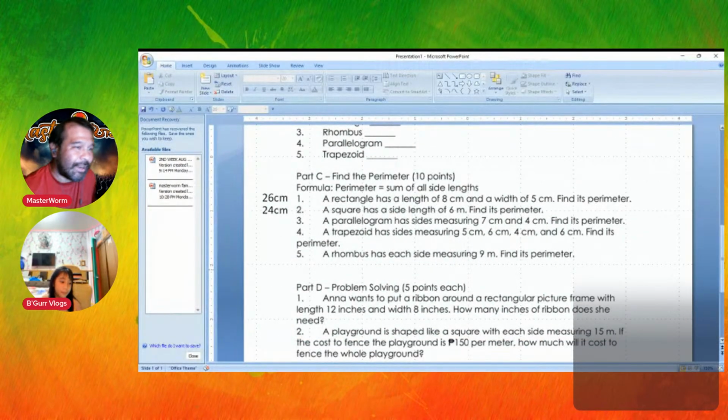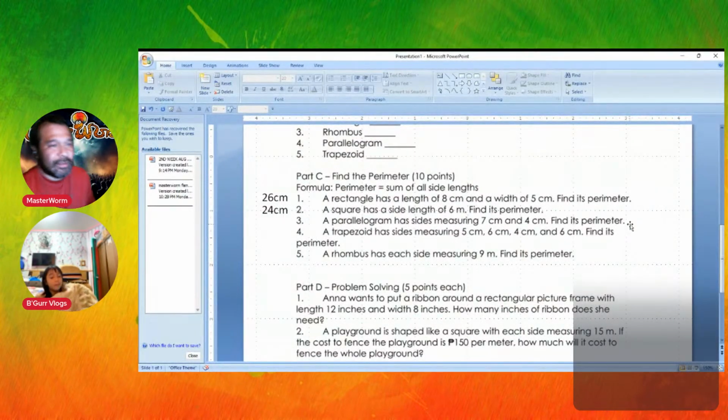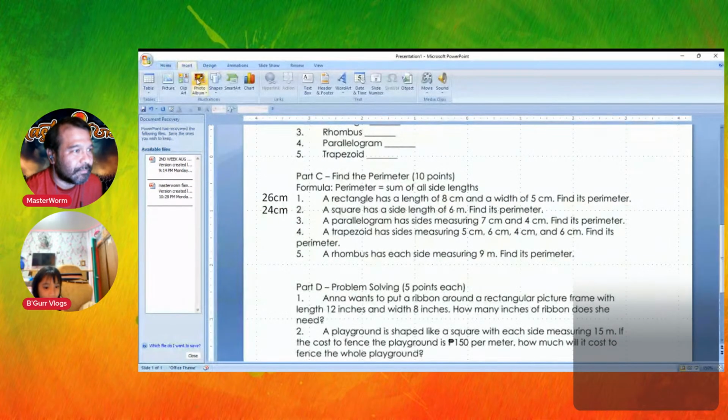A parallelogram has sides measuring 4 centimeters and 7 centimeters and 4 centimeters. Find its perimeter. It has the same 7 centimeters plus 4. How much, baby? 7 plus 4. 11. Good job.